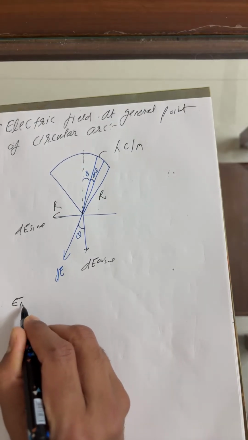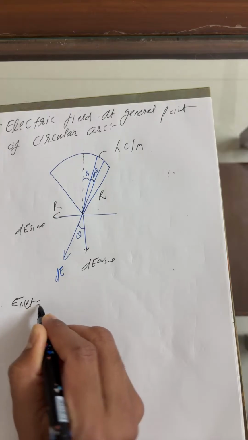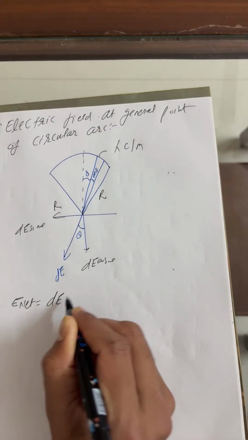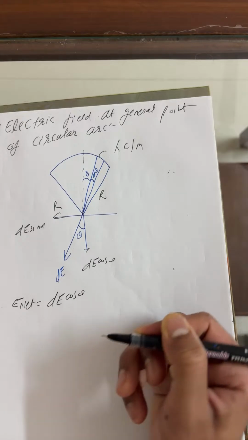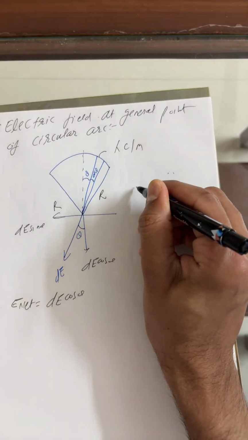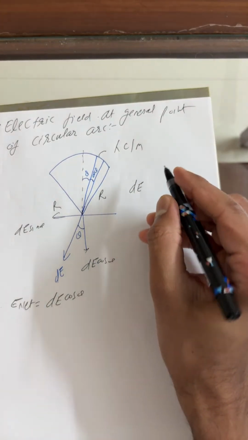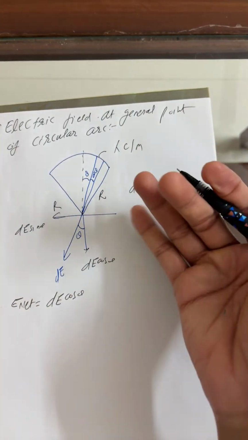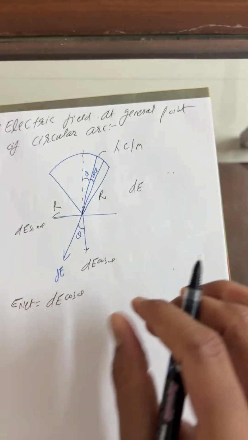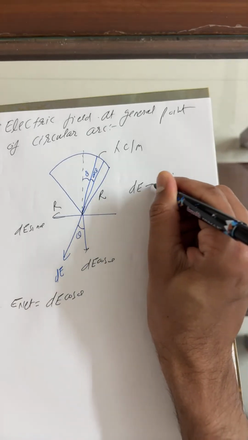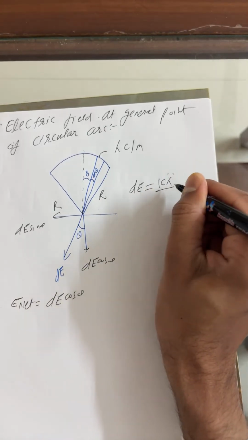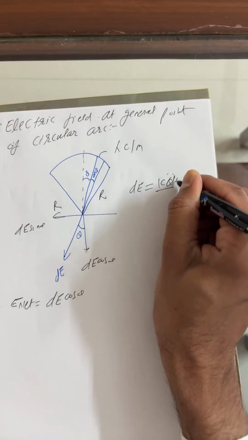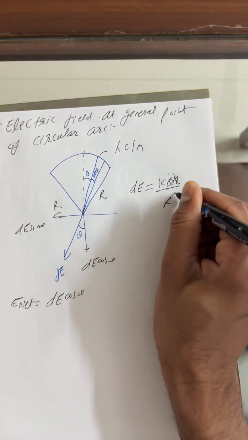So the net electric field is the integral of dE cos theta. Here dE is due to the elemental charge, so I use the electric field formula due to a point charge: dE equals K dQ by r square.